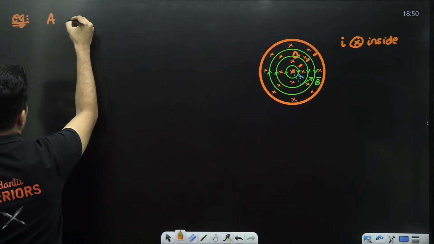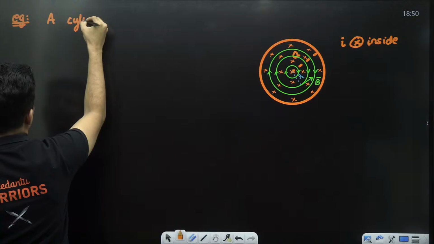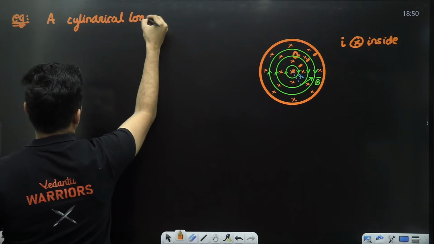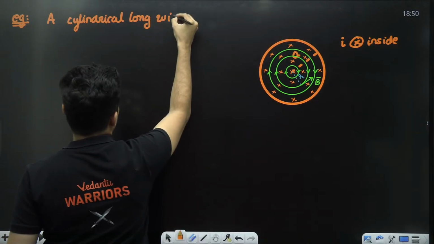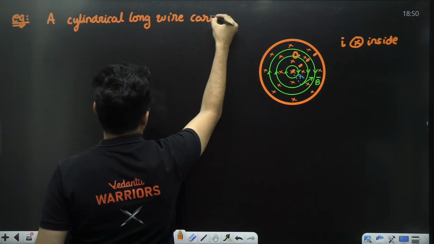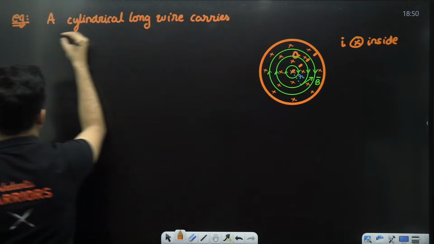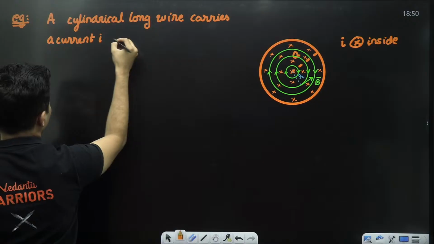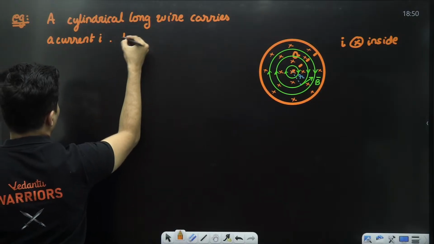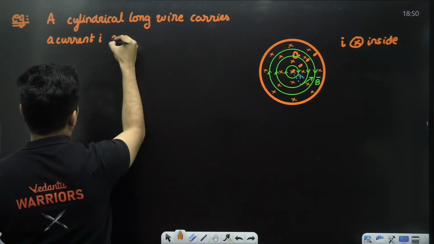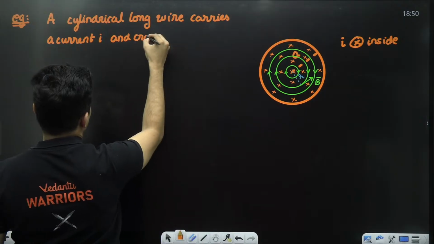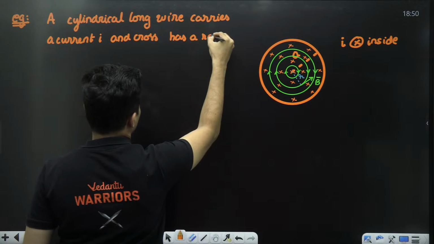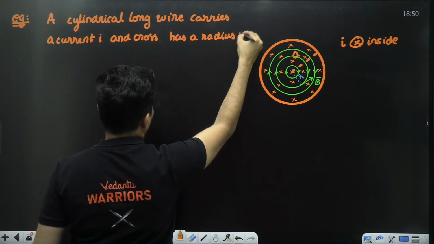A cylindrical long wire carries a current I, and the cross section has a radius capital R.